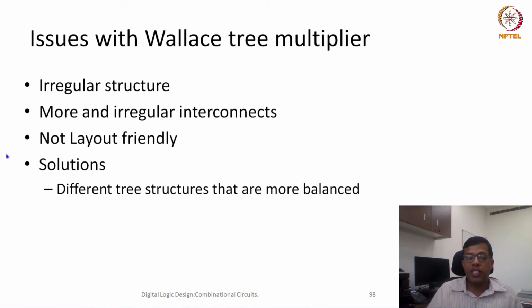In any kind of VLSI design or digital design, these tree multipliers are going to be the fastest ones.